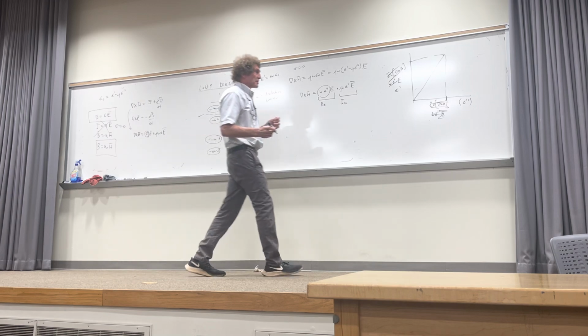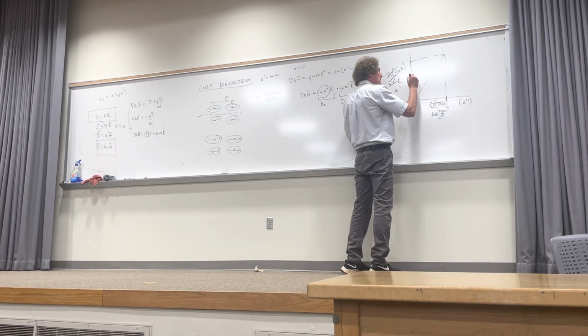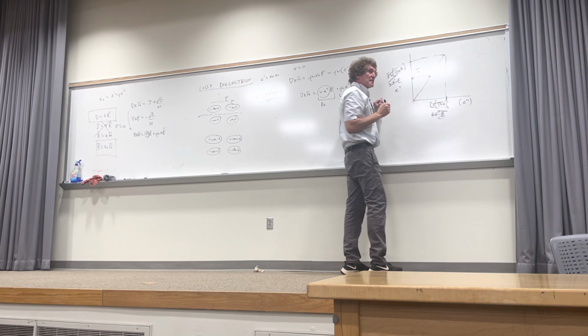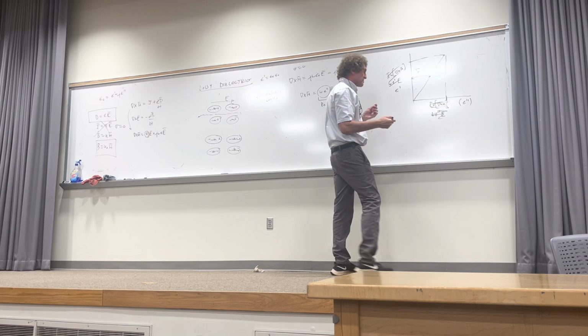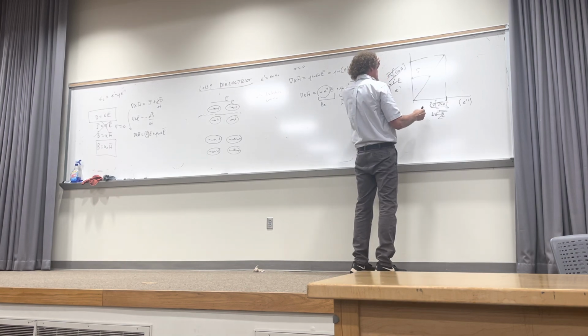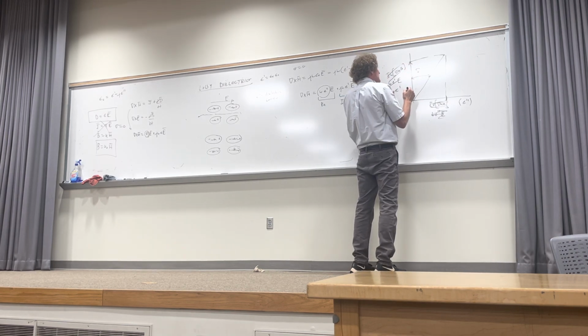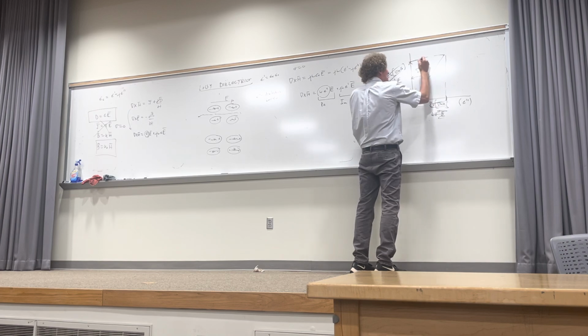But in this picture, here's the thing to know. This angle right here is delta. And if you look at this, well, the height of this thing is proportional to epsilon prime.